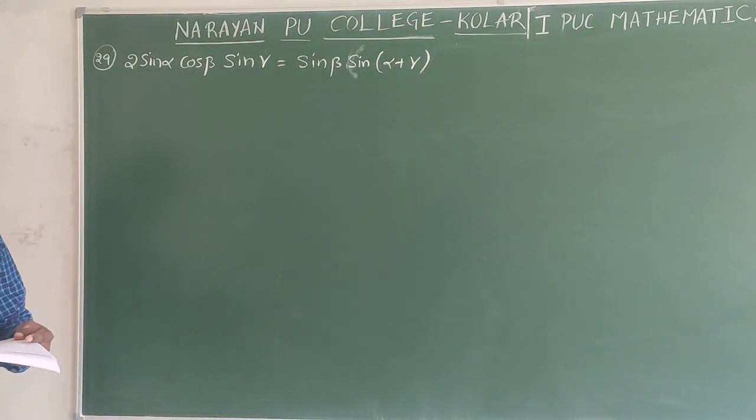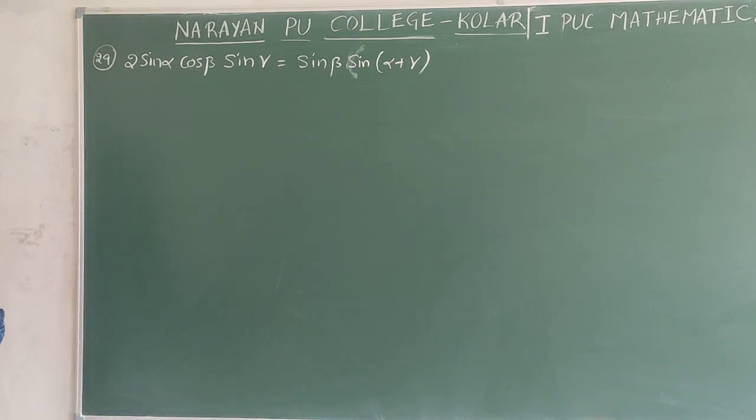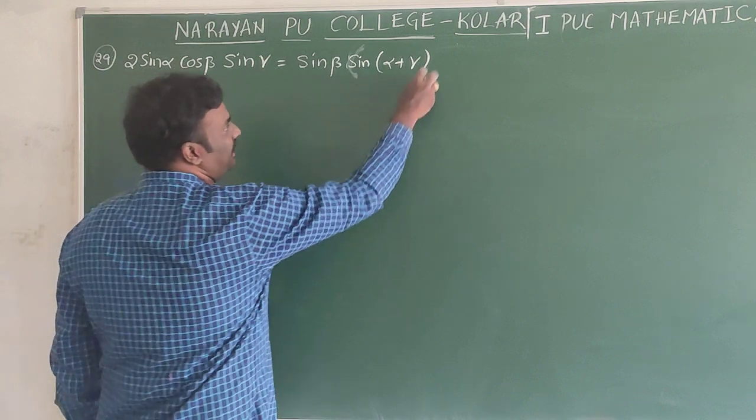This is the expression given. Then tan alpha, tan beta, tan gamma are in which progression? See, I am simplifying this.